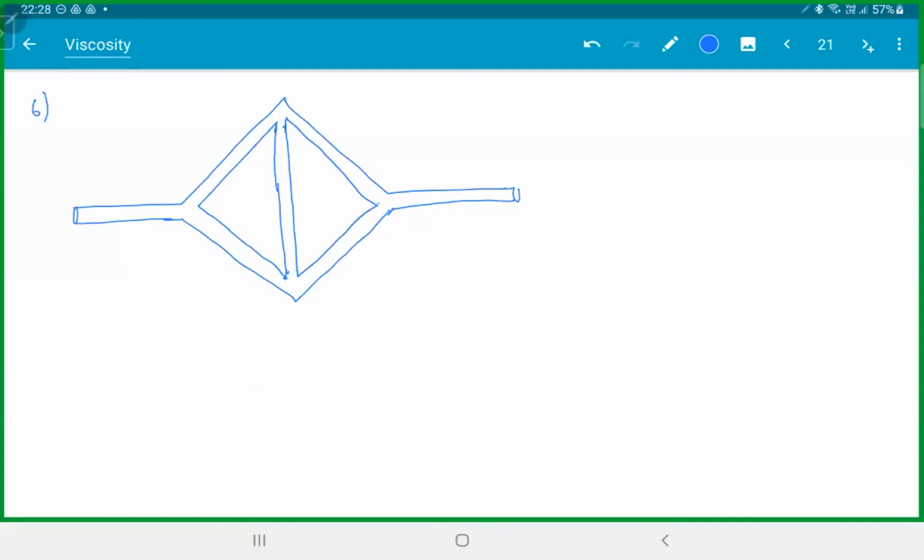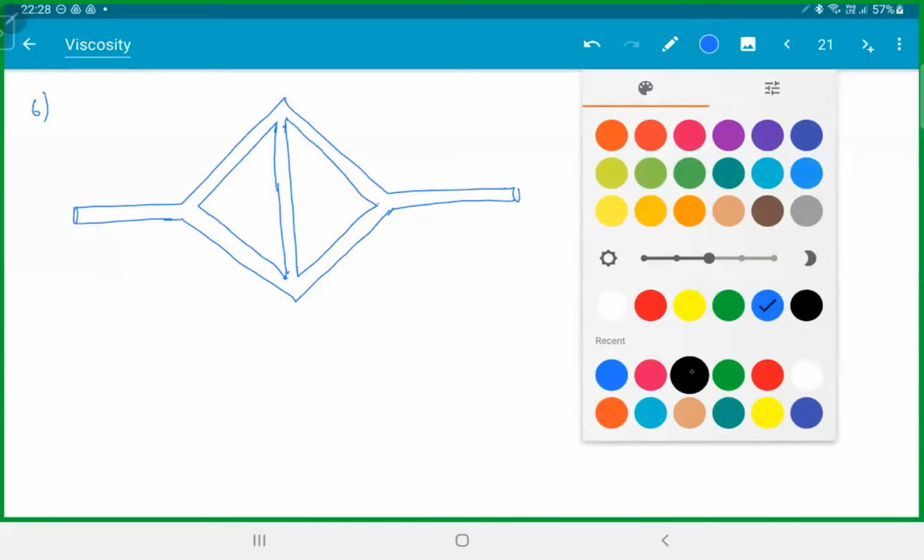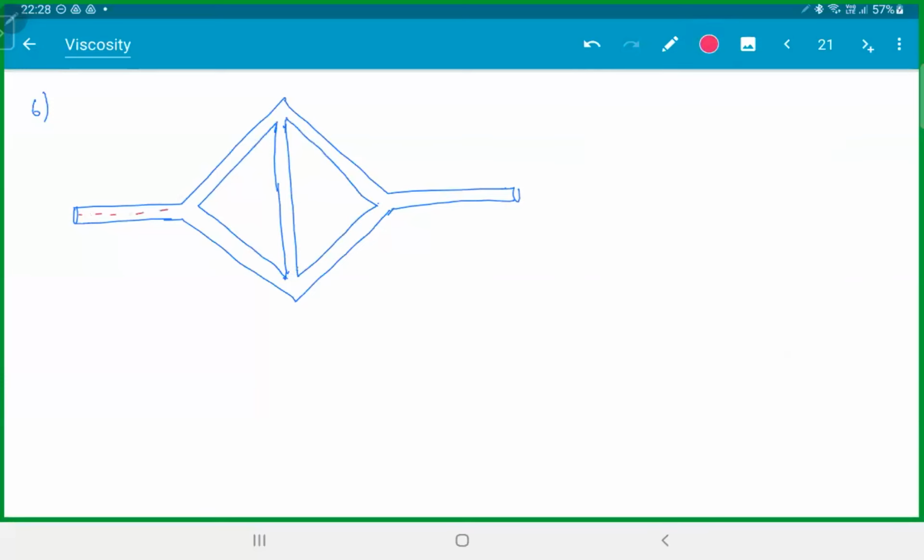We're getting how the liquid is flowing. This is how the liquid is flowing. All rods are identical.